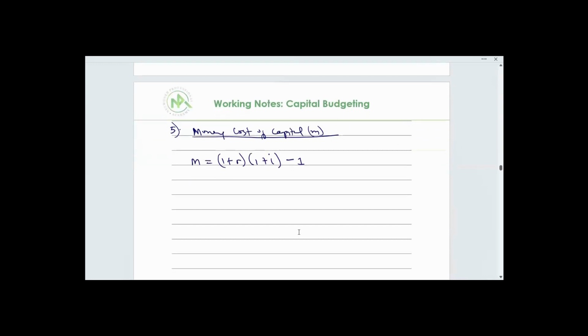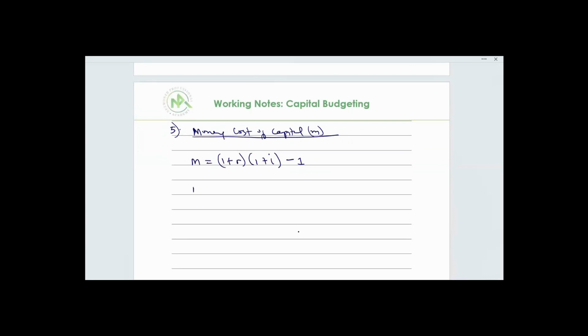I will say money cost of capital, M. Using the Fisher effect formula, M is calculated as 1 plus real cost of capital multiplied by 1 plus general inflation rate, minus 1. This is the formula for calculating money cost of capital.